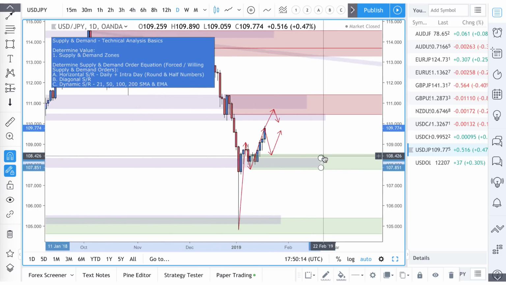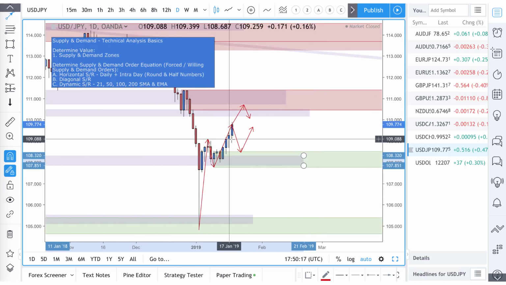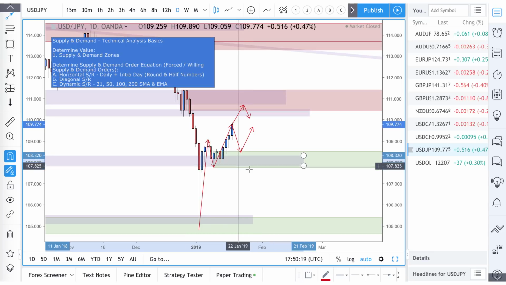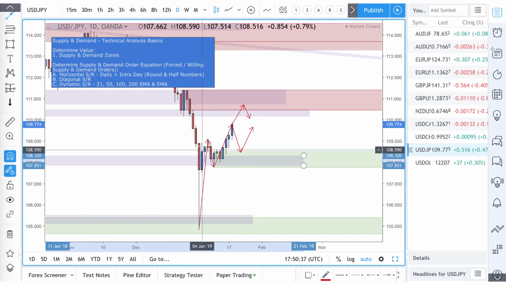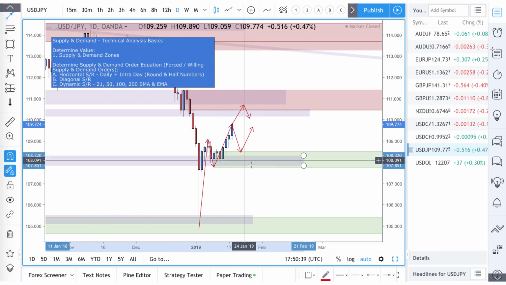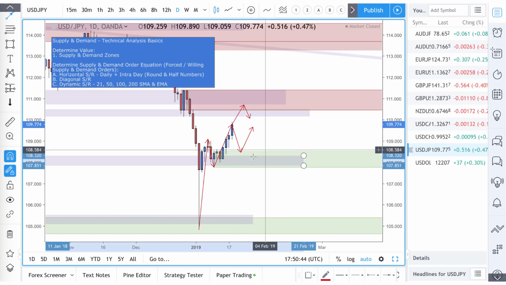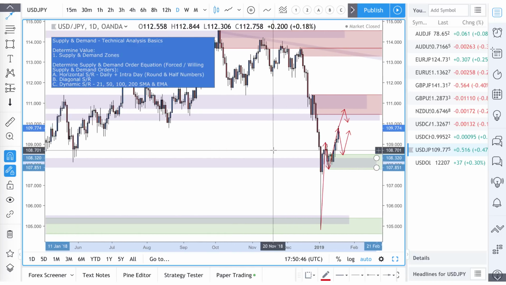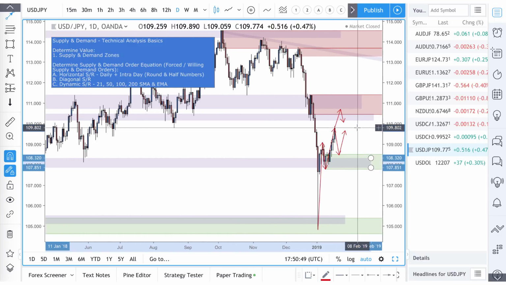So if prices do come back down here, traders are going to be looking at that area from a technical analysis perspective. That's going to be support. We know it's an area of value because it's demand. There was proven demand here. Prices went higher, so there's proven demand. And there should be, from a fundamental perspective, if risk is on, then we should be buying the dollar according to my fundamental analysis spreadsheet. So those are your options on the dollar yen.